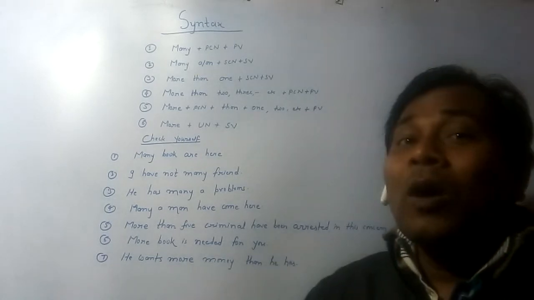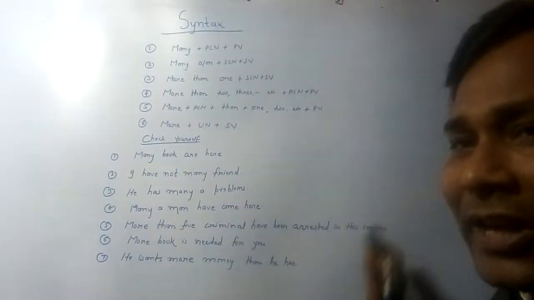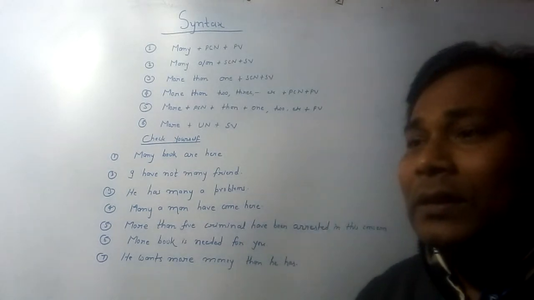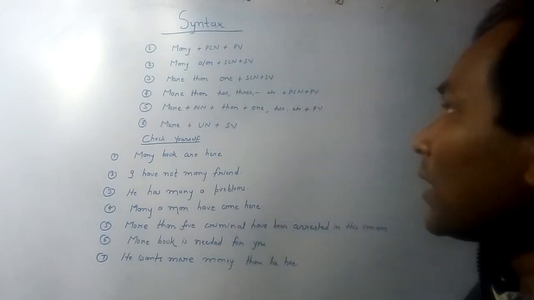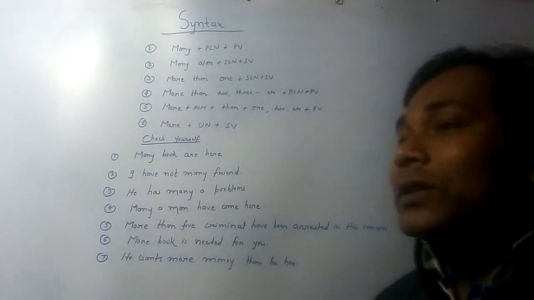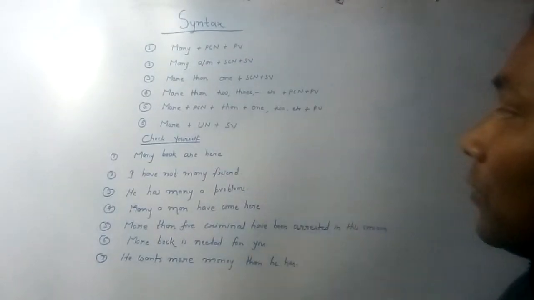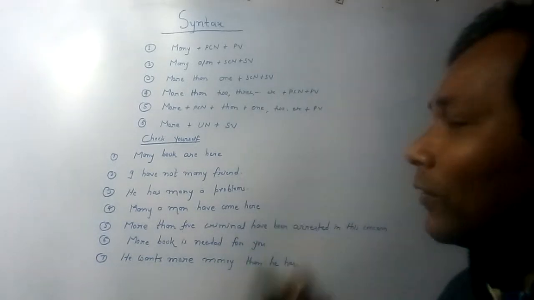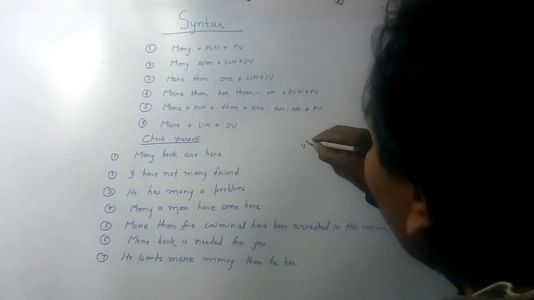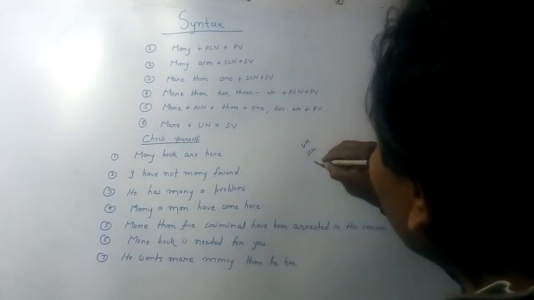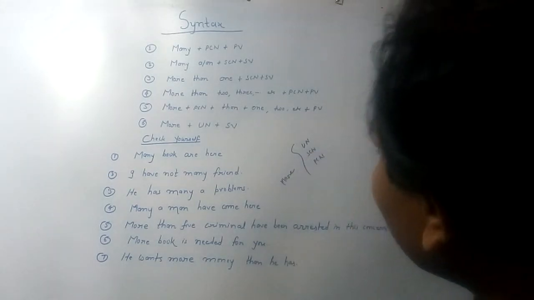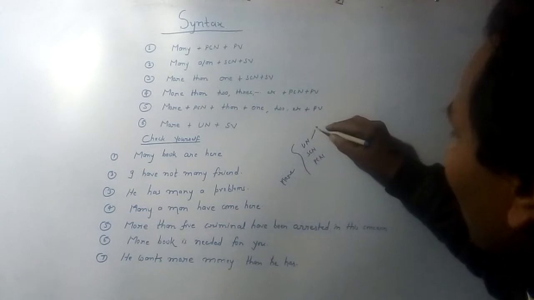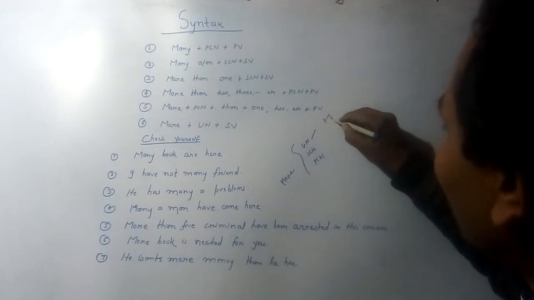My dear viewers, looking at all these structures, you can find out, especially about more, in which condition you can use a plural countable noun, in which condition a singular countable noun and in which condition an uncountable noun. Then you can find the conclusion in 3 points here: uncountable noun, singular countable noun, plural countable noun. Suppose, if it is more plus an uncountable noun, you can use a singular verb.